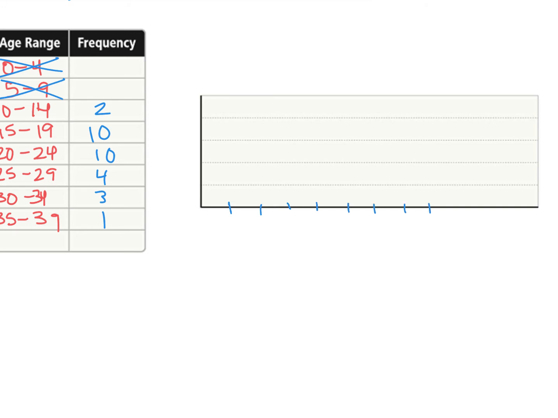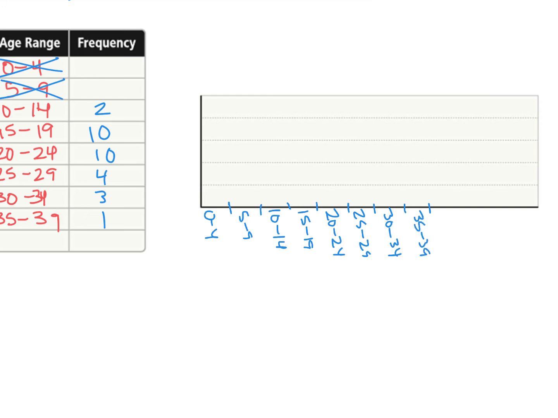And I like to write these sideways. I think it's a little easier to fit it in. So here's our 0 to 4, 5 to 9, 10 to 14, 15 to 19, 20 to 24, 25 to 29, 30 to 34, and 35 to 39.